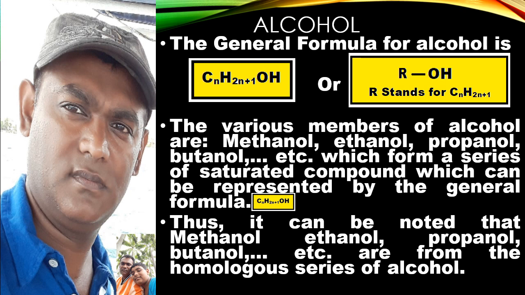The various members of alcohol are methanol, ethanol, propanol, butanol, etc., which form a series of saturated compounds which can be represented by the general formula given above, that is CnH2n+1OH. Thus, it can be noted that methanol, ethanol, propanol, butanol, etc. are from the homologous series of alcohol.